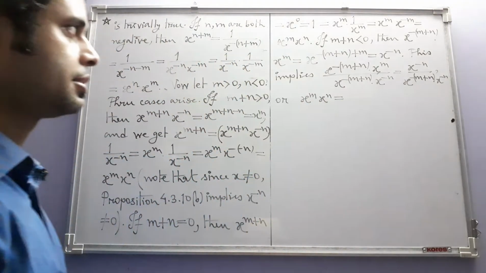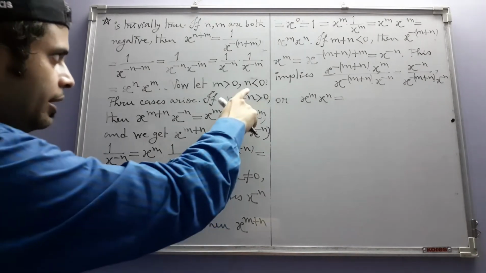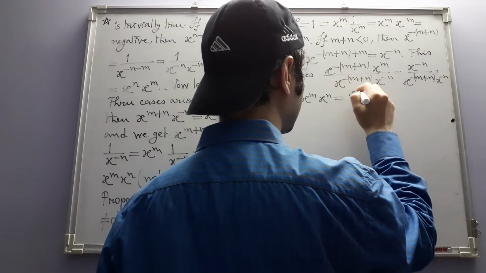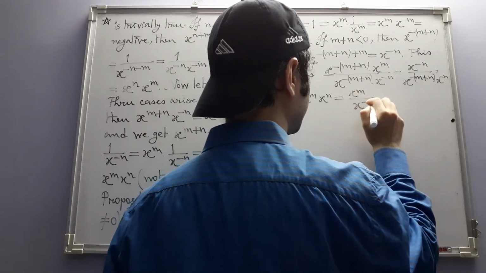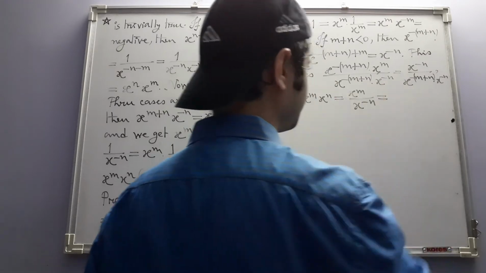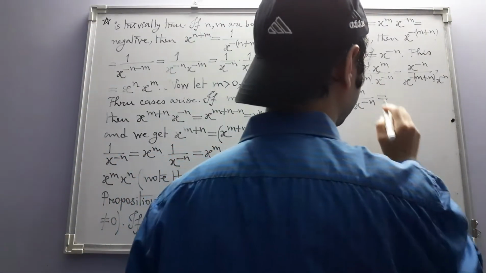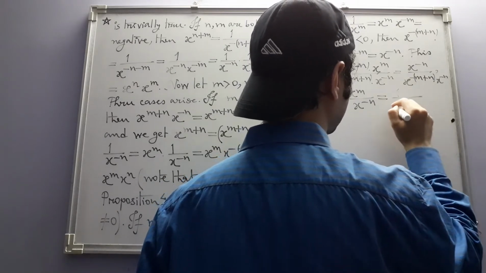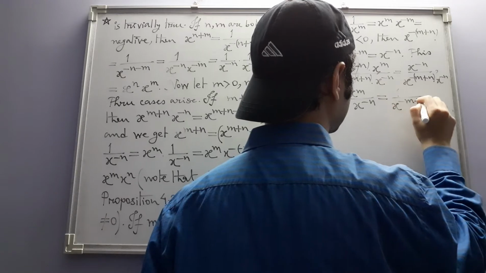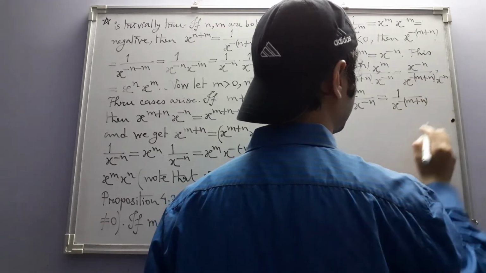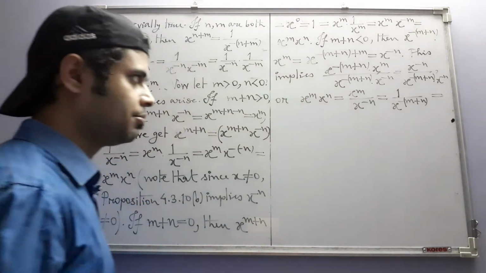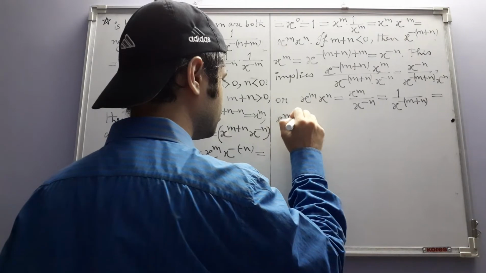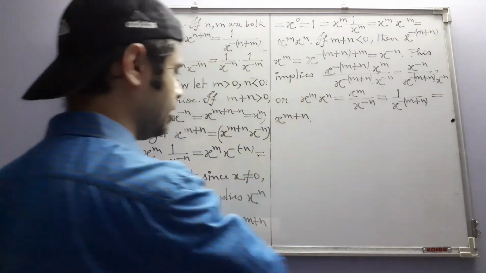Since n is negative, by definition this is 1 by x to the power minus n, which now from the above equation is equal to 1 by 1 over x to the power minus of m plus n, and that is equal to, because m plus n is negative, again by definition, x to the power m plus n.